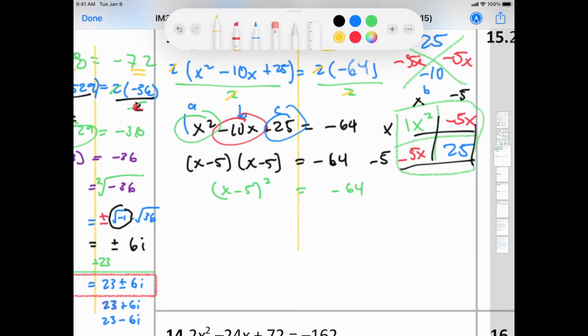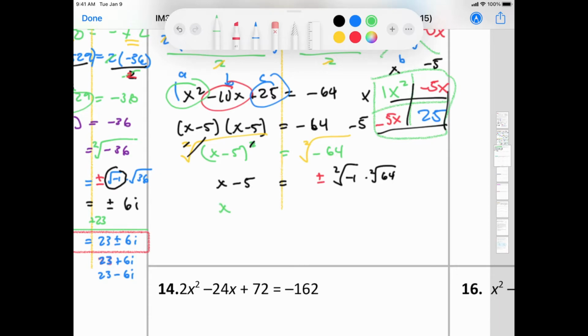I'm going to take the square root of both sides. Gone, gone, gone. So x minus 5 equals, don't forget the plus or minus. Notice I'm leaving some space there between there and the equal sign. The factors of square root of negative 64 are negative 1 and 64.